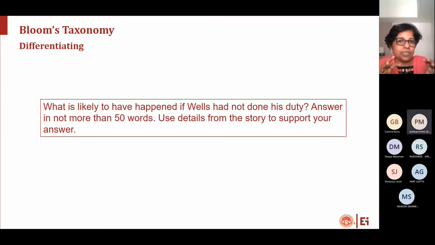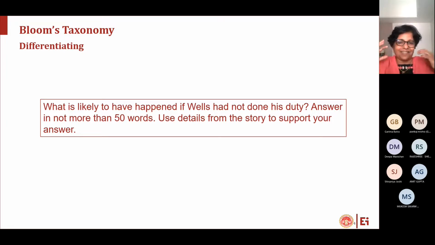Now suppose the question had said, how did the action of Wells change the plot of the story? The word plot in the question indicates that it is asking to relate to an entire plot. But it is not asking that. It is just asking you to imagine a situation instead of a particular A situation, a non-A situation.